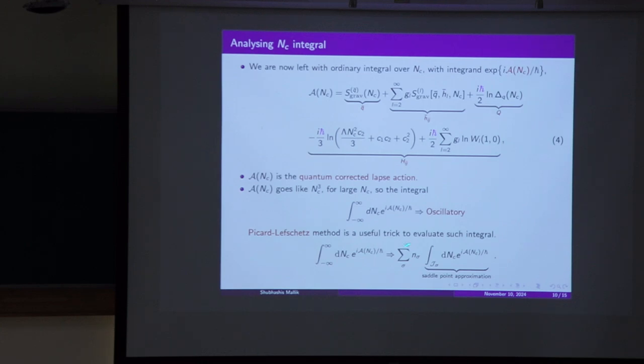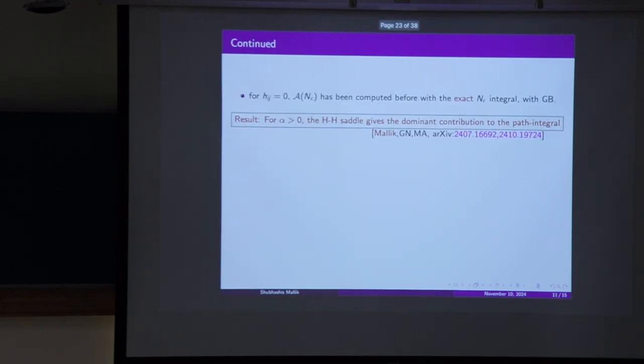You have to sum over all the saddles here. Now if Hij is 0, this object has been computed before with the exact NC integral. However, if Hij is non-zero, one can do only the saddle point approximation.